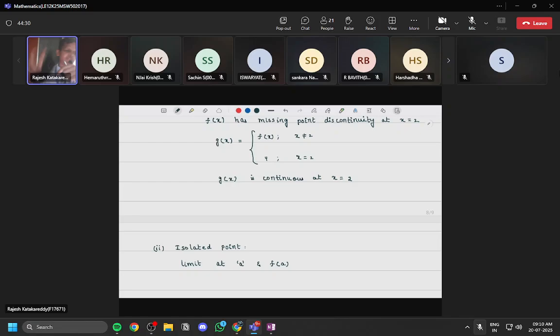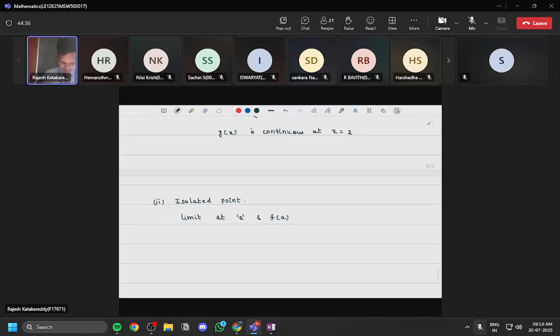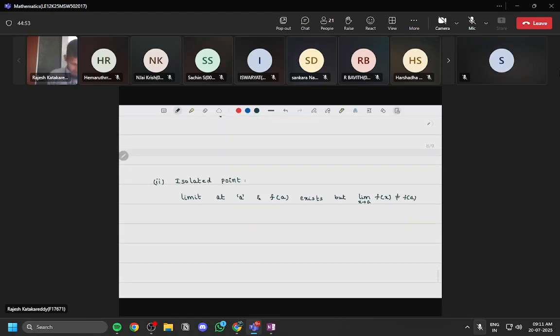To study the nature of the function at 0, we redefine it. So this type of discontinuity can be removed.